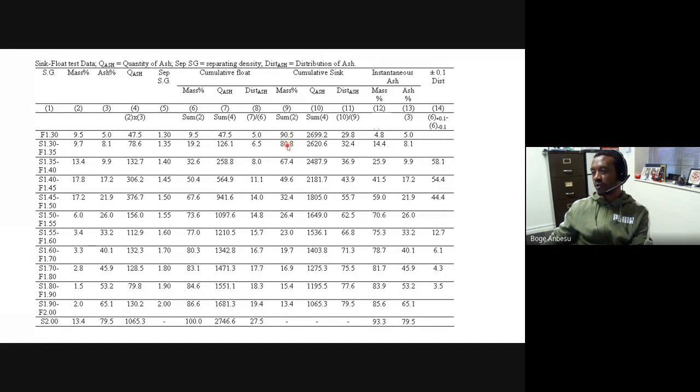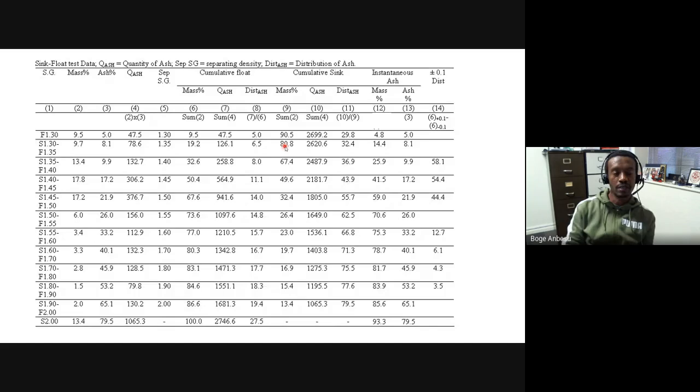Next is 1.35, and in that 1.35, if you look at this number here, 19.2 is floating, cumulative. So the cumulative sink has to be 80.8. Simply 100 minus 19.2 will give me 80.8.